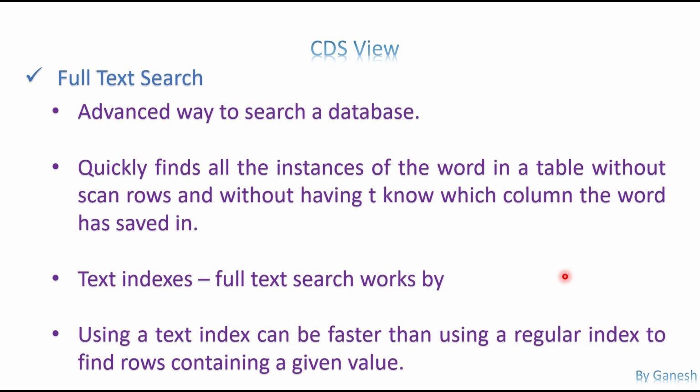In the same way, full text search is also based on an index, but the index here is called a text index. It's another type of index they introduced especially for the full text search option, and using the text index can be faster comparatively with the regular index options.